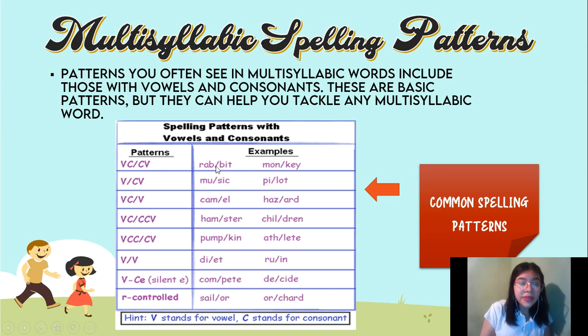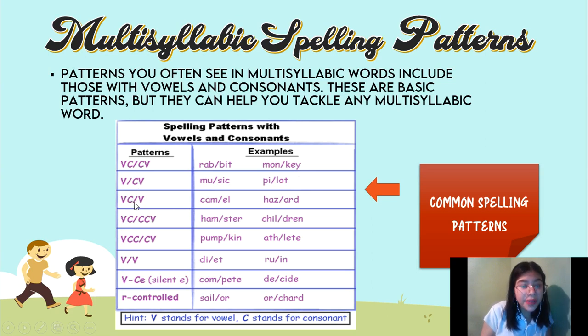For example, in rabbit, we have a consonant and then our vowels here, and in the word monkey. Then we have a pattern of vowel, consonant, and then another vowel, as in music and pilot.